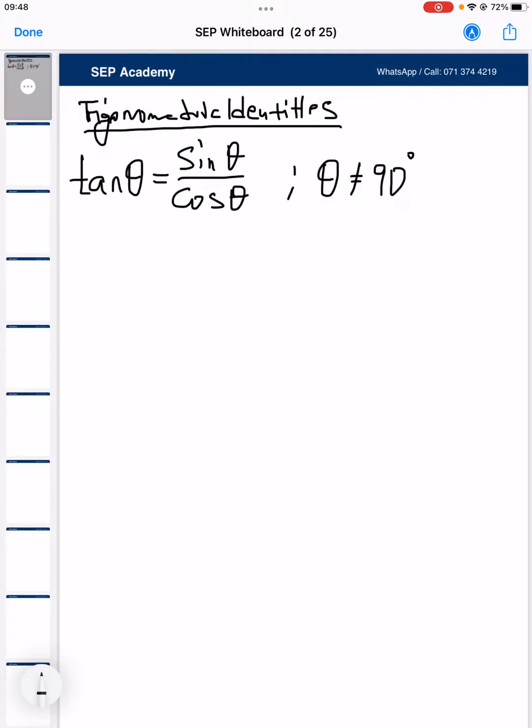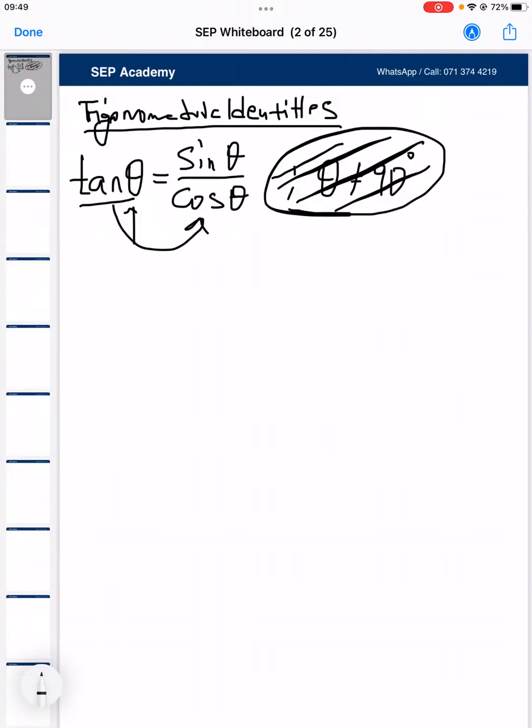That's what I meant when I said it is true for all values of the variables excluding the values for which the statement is not defined, which means if you put 90 degrees there and you punch tan 90, it will be undefined. But do not worry that much about all of this. It's just for me to explain what I meant by that statement. All that you need to know is that tan of an angle will always be equal to that ratio. It will be given to you as tan, and you just need to convert it to that without having to worry about all of that.